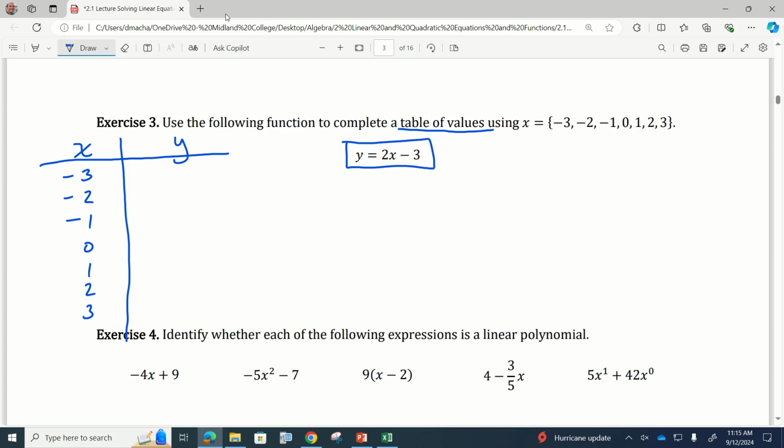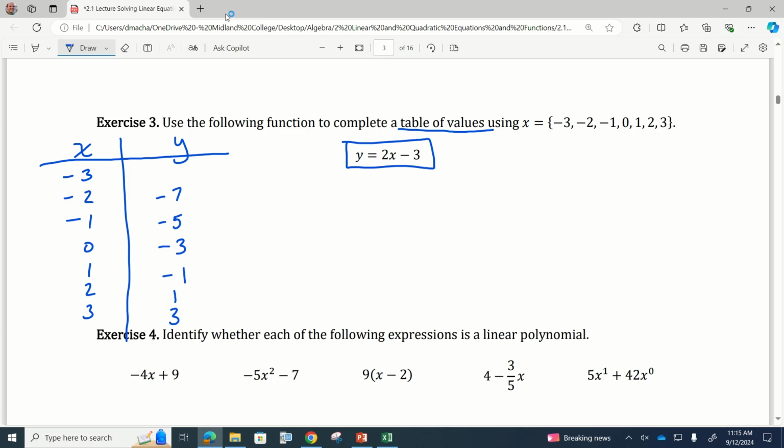And so 2 times 0 minus 3 is just minus 3. 2 times 1 minus 3 is minus 1. 2 times 2 minus 3 is 1. And 2 times 3 minus 3 is 3. 2 times -1 minus 3 would be -5. 2 times -2 minus 3 would be -7.